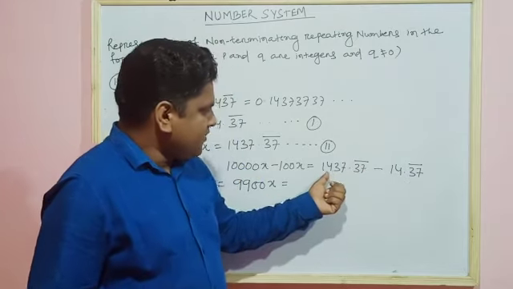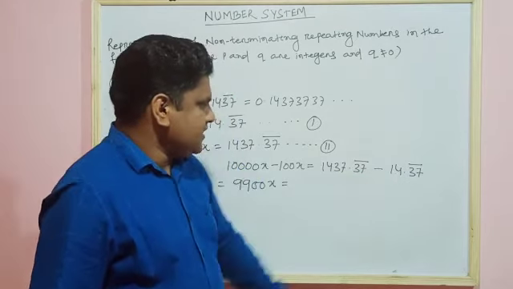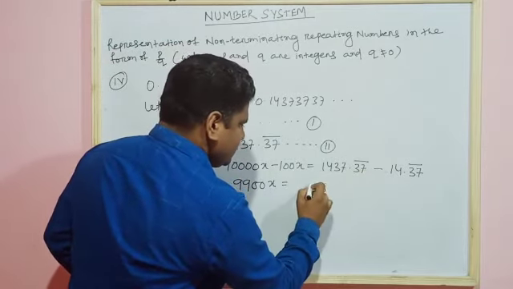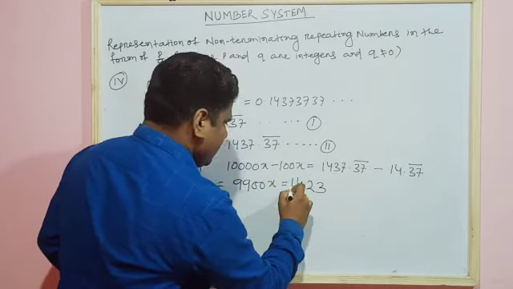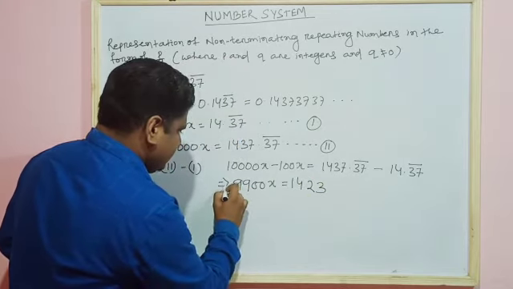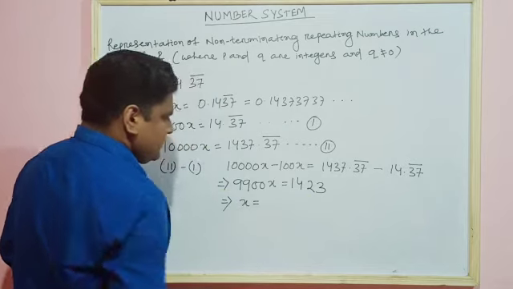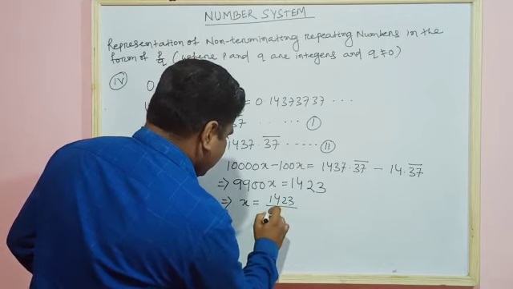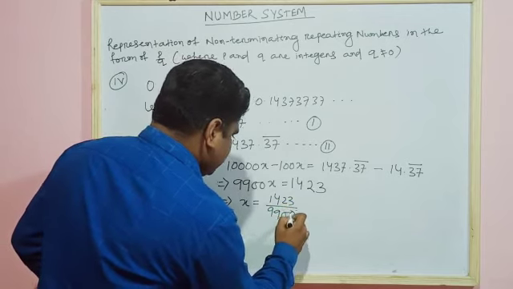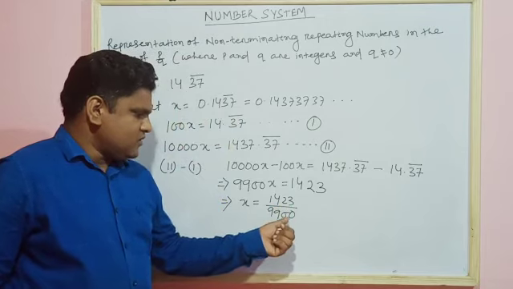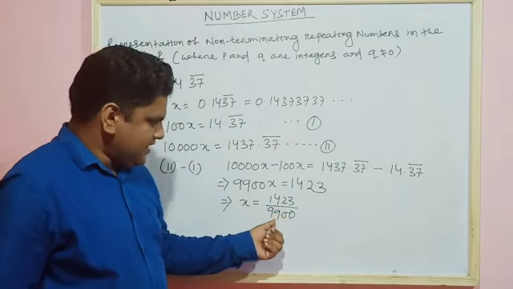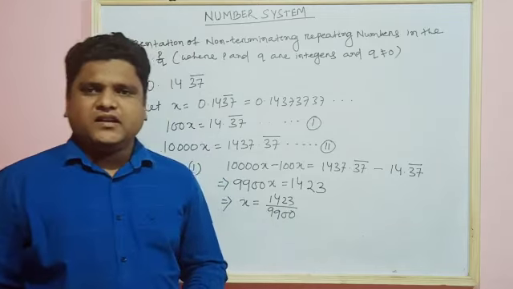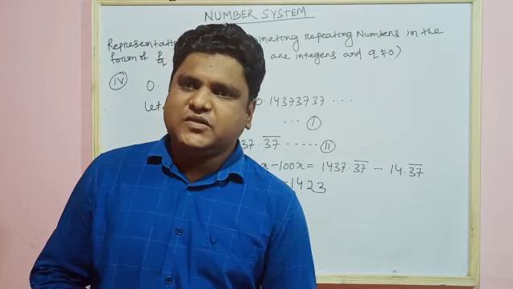So 1437 minus 14, it will be 7 minus 4 is 3, 3 minus 1 is 2, and 4 minus 1 is 3, that is 1423. So this implies that x equal to 1423 by 9900. So it is in the form of p by q, where p and q are integers and q is not equal to 0.